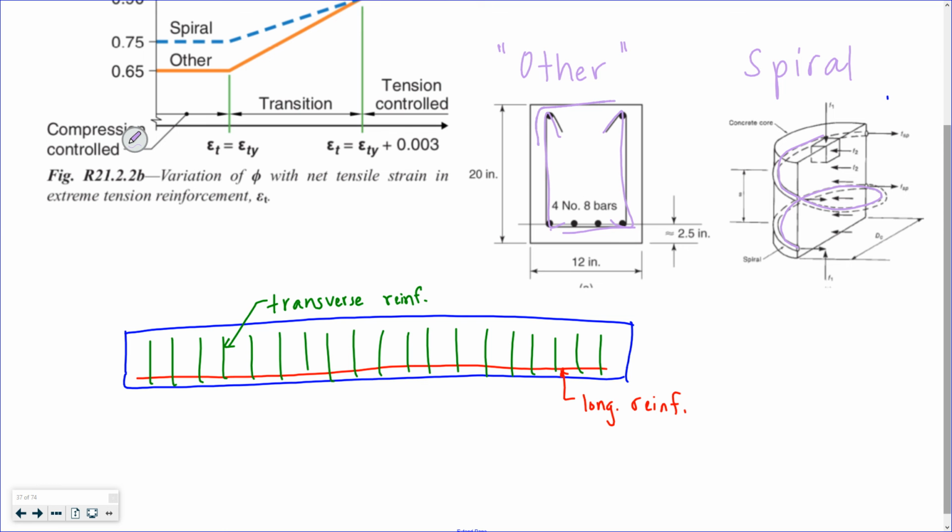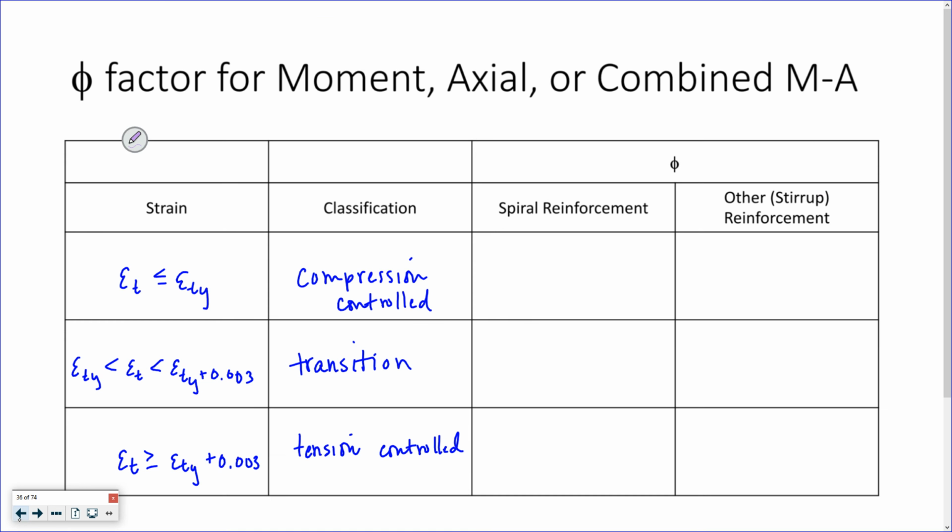There can be all kinds of other things, but it's going to be discrete little pieces of steel, whereas the spiral is continuous. So it's going to break it up by type, spiral or other. Stirrup is often other.